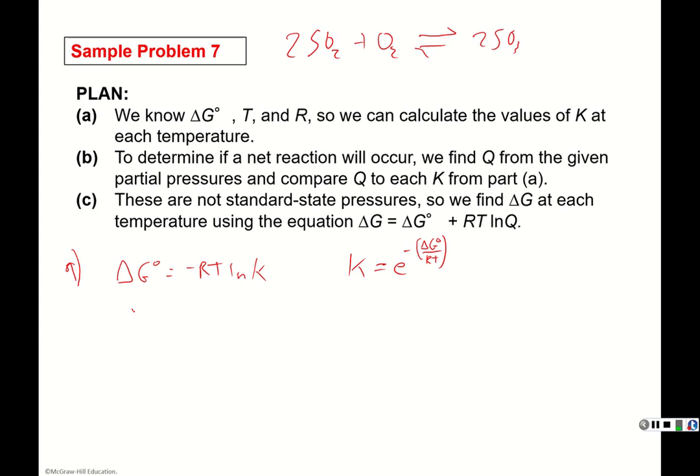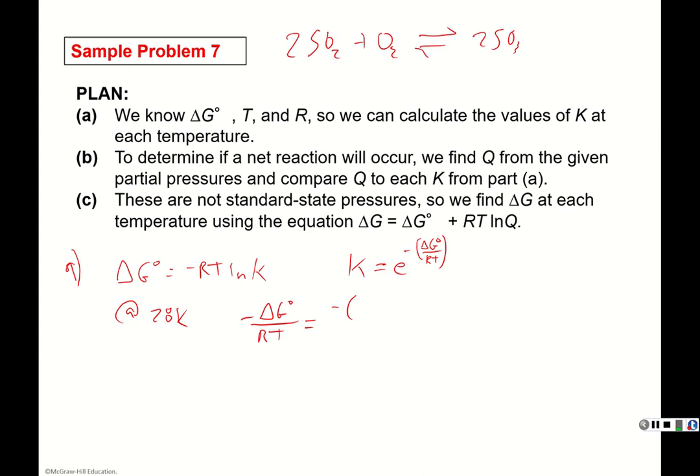So at 298, let's just look at this exponent term, the negative value of delta G naught over RT.